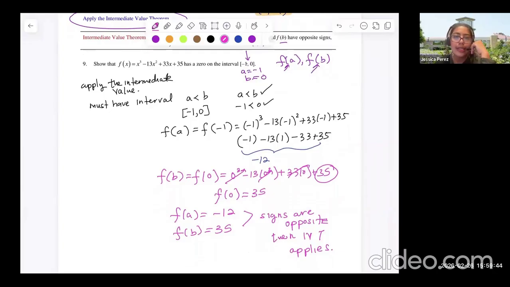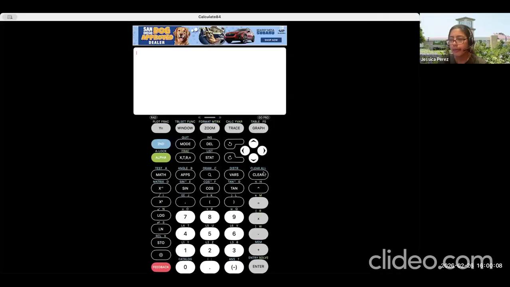And then how can we test it? We can test it by graphing and determining that we will indeed have a 0 in the graph. So let's go ahead and open up my calculator window. So I will open the TI-84. And I have it right here. So I have y equals, I'm going to remove everything that I have on the screen.